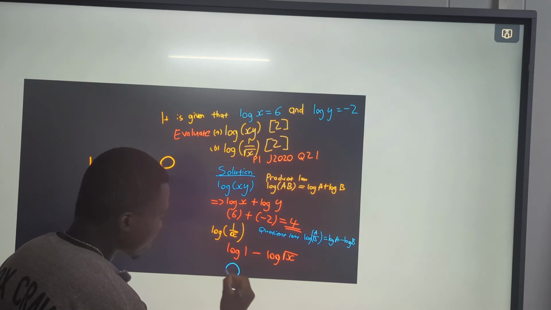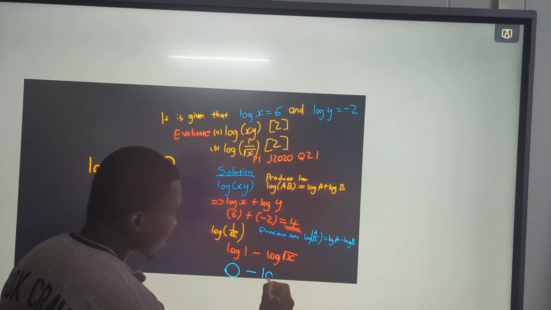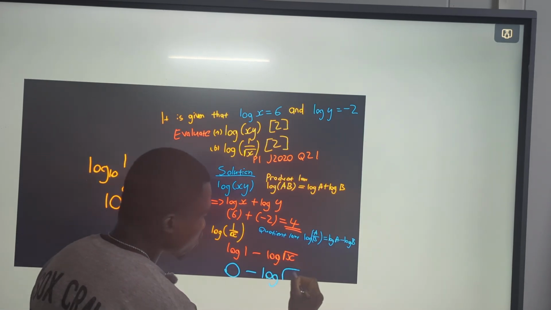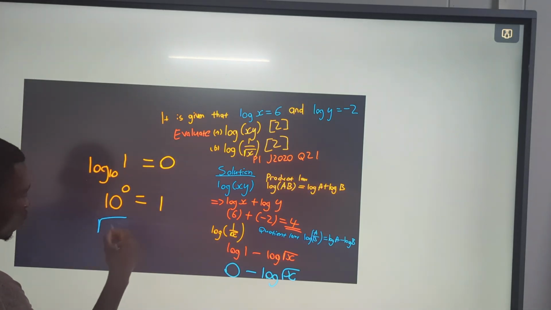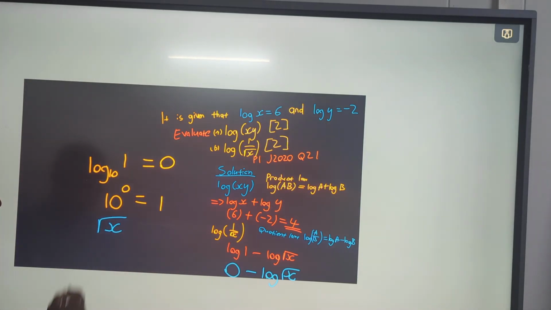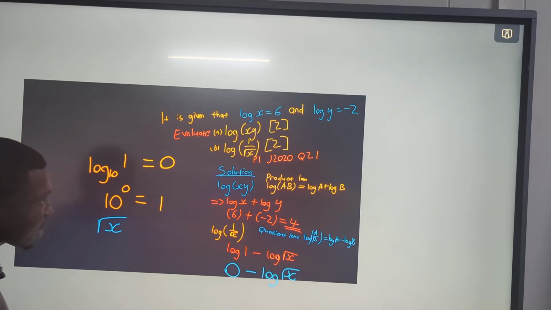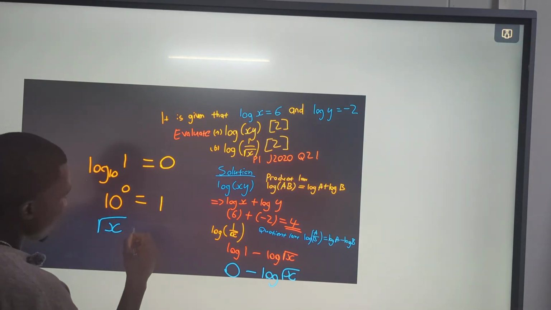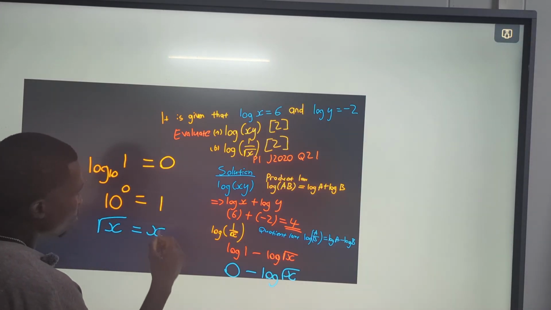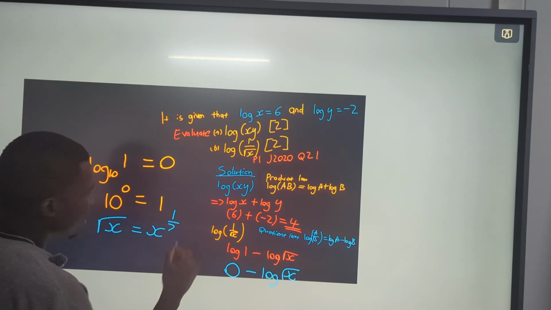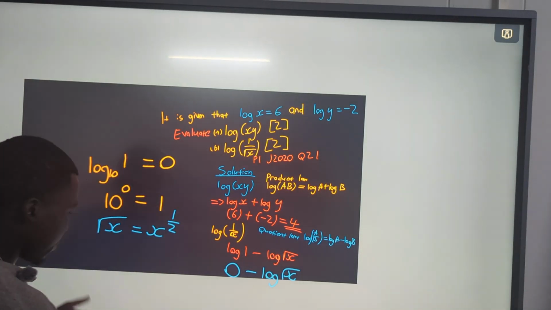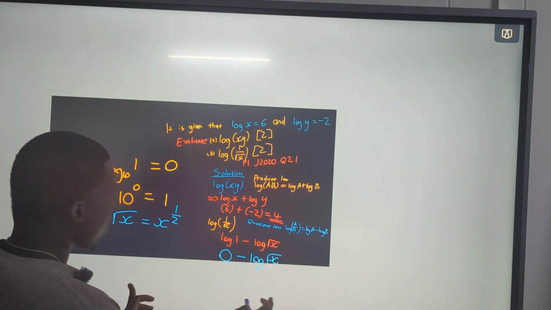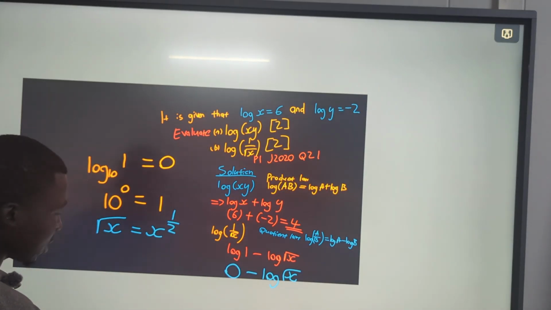So we are saying 0 minus log of the square root of x. But the square root of x is the same as x to the power of 1 over 2, from our laws of logarithms.